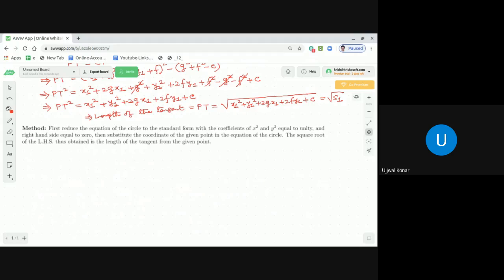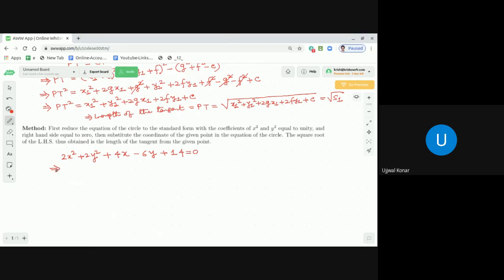First, reduce the equation of the circle to the standard form with the coefficients of x square and y square equal to unity and right hand side equal to 0. For example, if the equation of a circle is given as 2x square plus 2y square plus 4x minus 6y plus 14 is equal to 0, we need to reduce it to a form where both coefficients of x square and y square are unity.